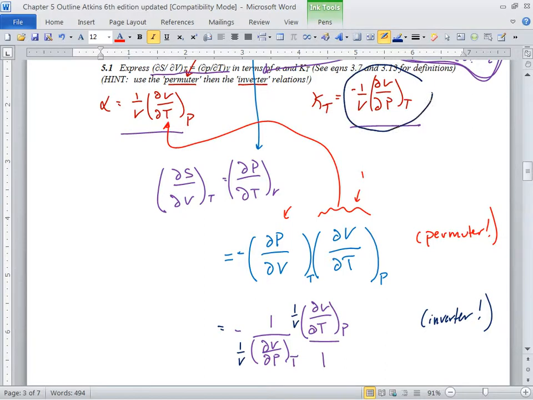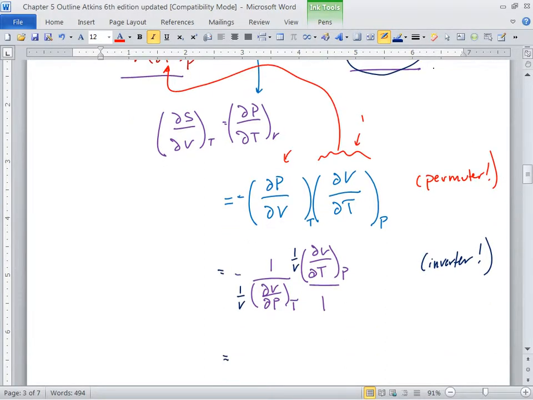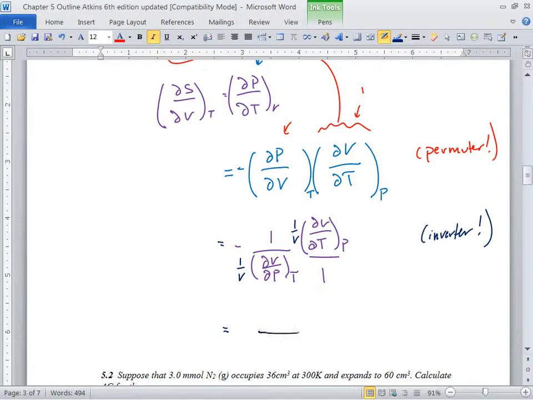There's my kappa t. Kappa t is going to be where? It's 1 over that, because kappa t is in the bottom. And where's the alpha? On top. That's really alpha over kappa t.